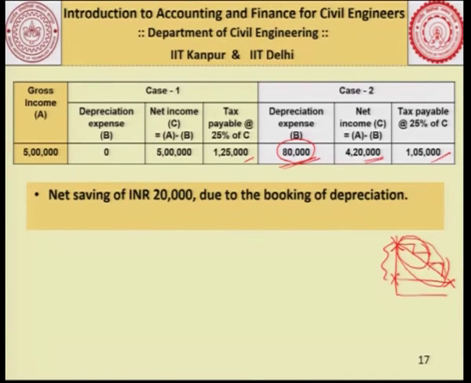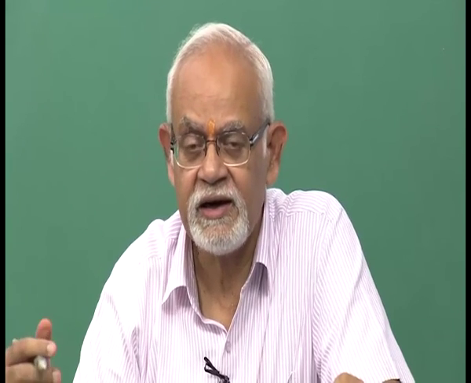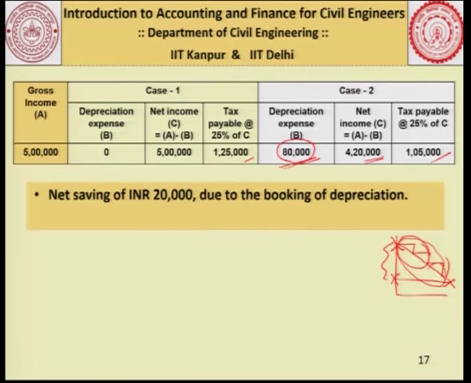As far as this class is concerned, it is sufficient to understand that there are provisions which enable companies to log in depreciation expenses, purchase of equipment expenses, and thereby reduce their taxes. Please understand that that does not mean that they are dishonest as far as tax payments are concerned.